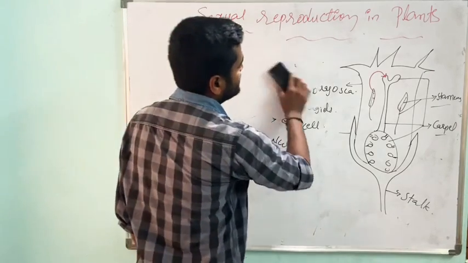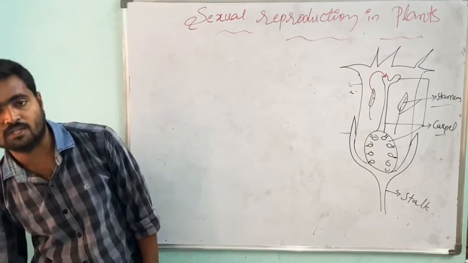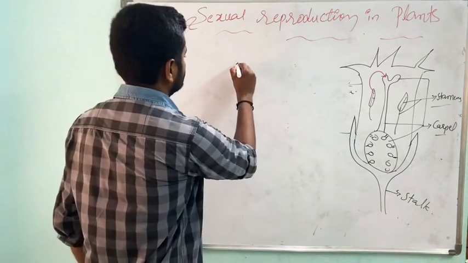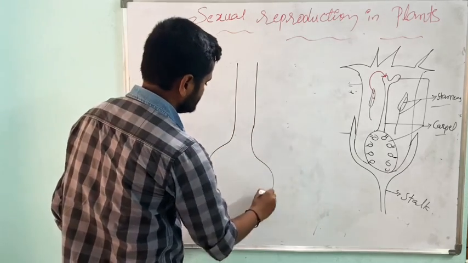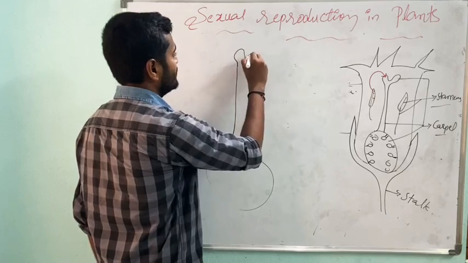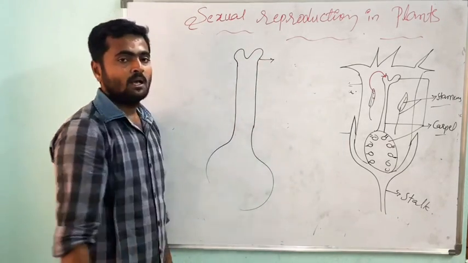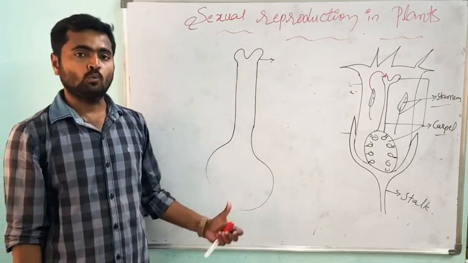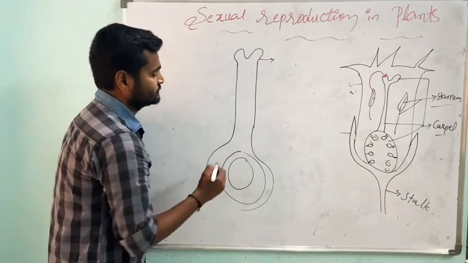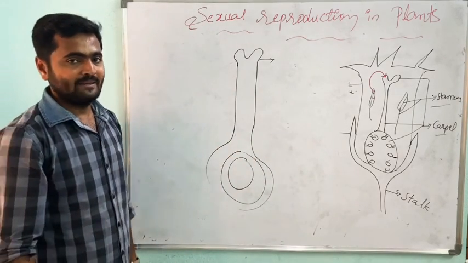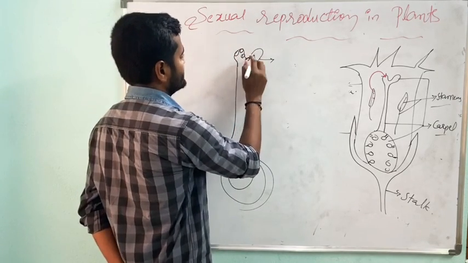After the ovules mature, the stigma produces some chemical or sugary substances that contain a lot of nutrients, Nana.